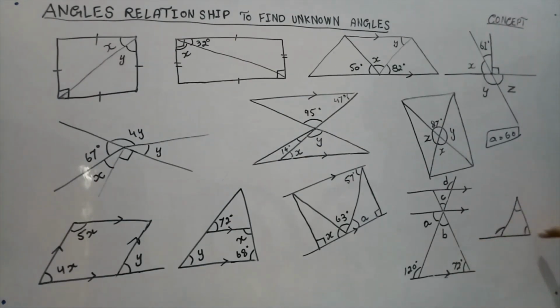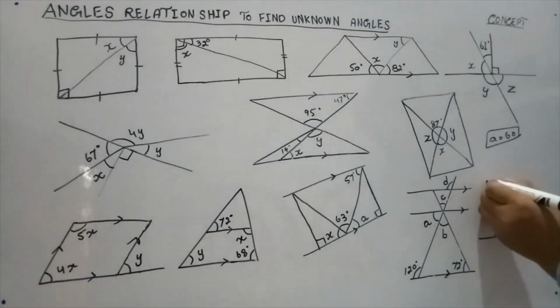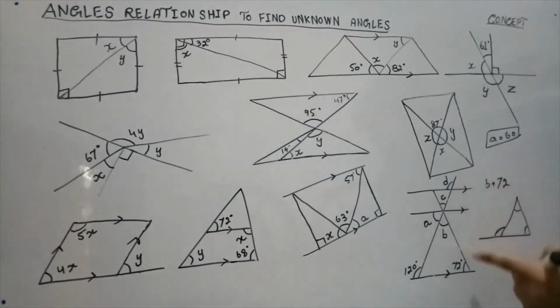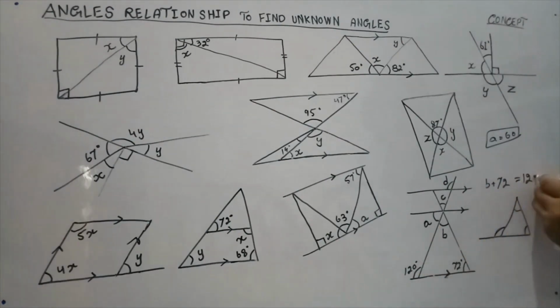Now if I take the sum of these two interior angles, it will be equal to the opposite exterior angle. Here we have B, so B plus 72 will be equal to 120 degrees. The sum of two interior angles will be equal to the opposite exterior angle, so B plus 72 will be equal to 120 degrees.